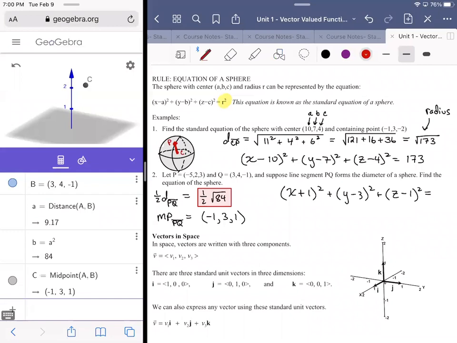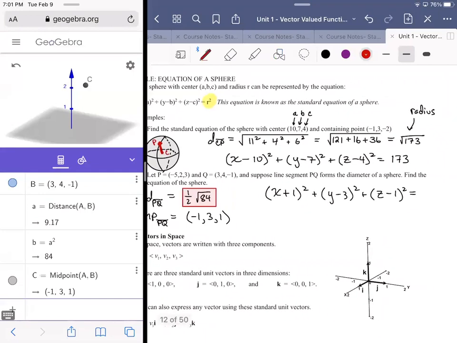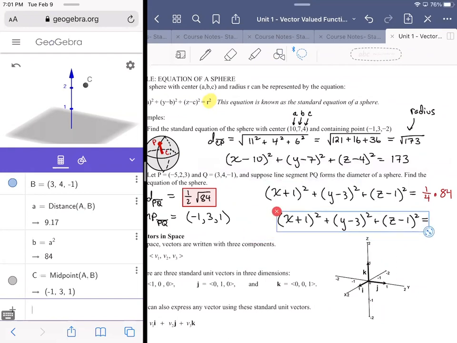All right. So if I square the 1/2, it becomes a quarter. If I square the rad 84, it becomes 84. All right. So that's 21. All right. So you just do that on the fly.